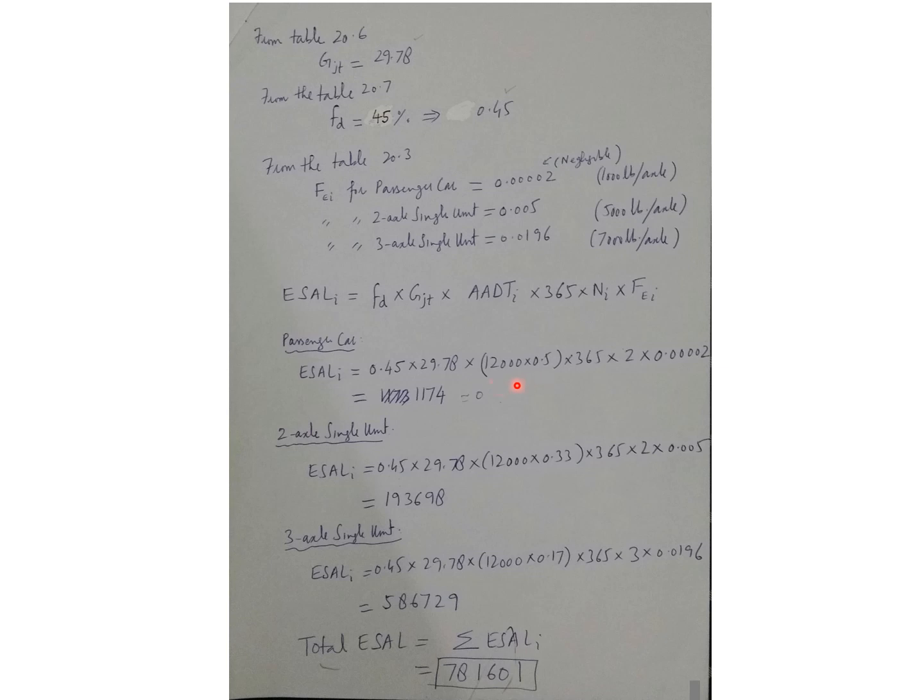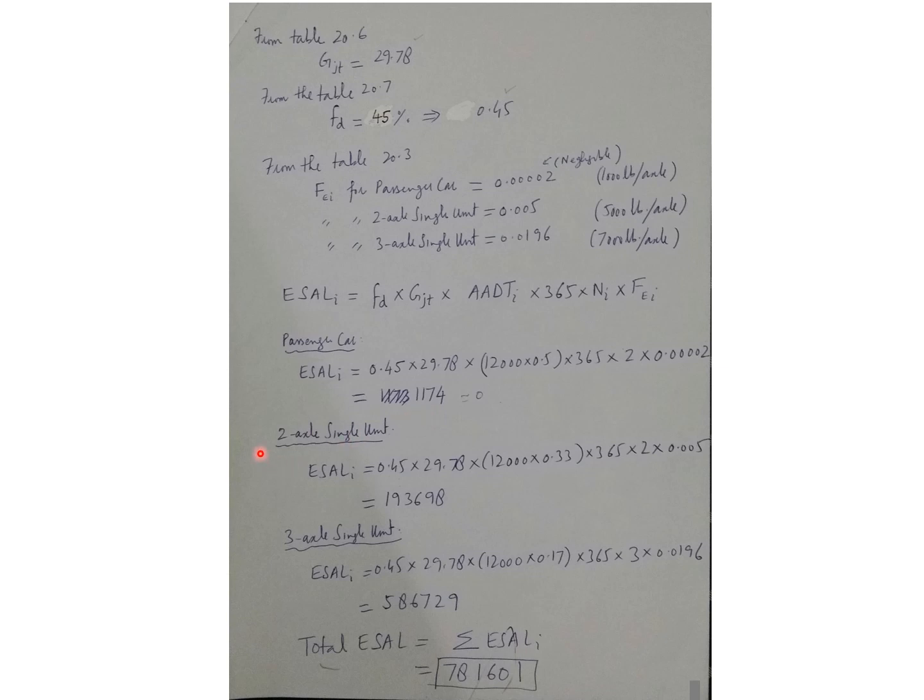Because 12,000 is the annual average daily traffic, which is given in the question statement, and it is being multiplied by 0.5 because the passenger cars are comprised of 50% of the traffic mix. Then 365, as in the passenger car we are having the 2XL, so you can see 2 has been substituted over here, and then this is the equivalency factor. So in this way we are getting a very small number, that is 1174, and we can neglect this.